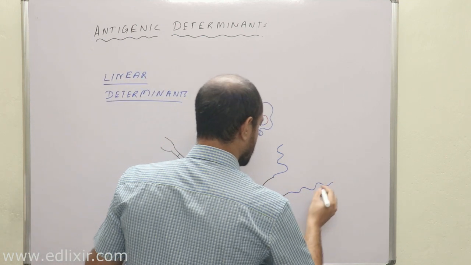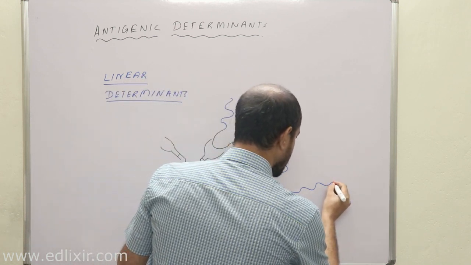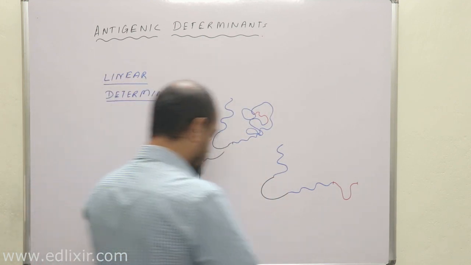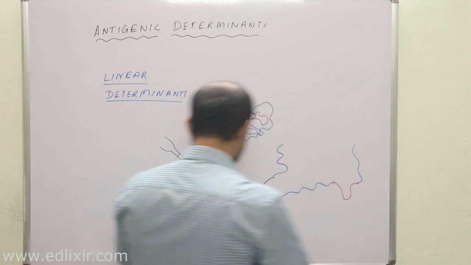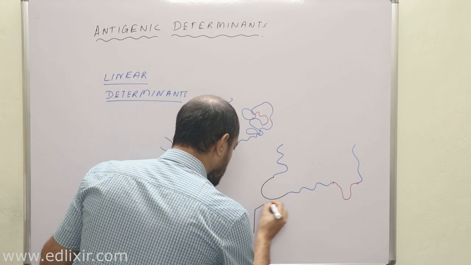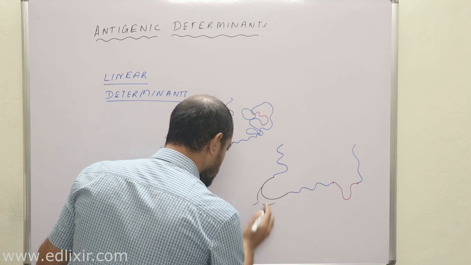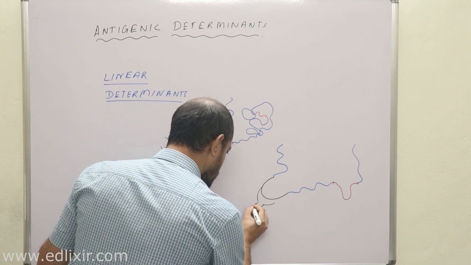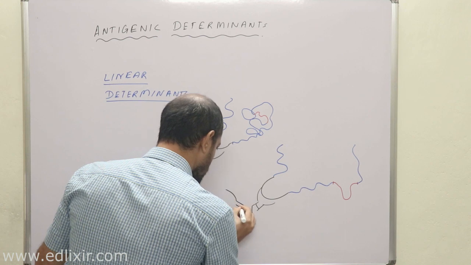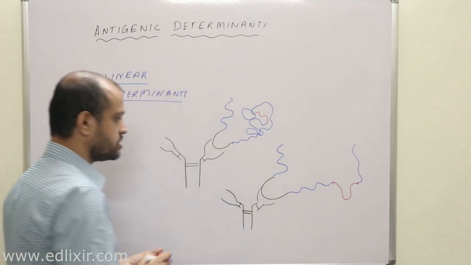Suppose this red area also opens up due to denaturation, then what will happen is this, you can actually get a polyvalent interaction of antibodies.